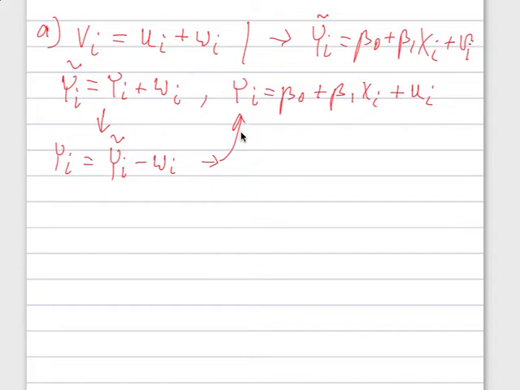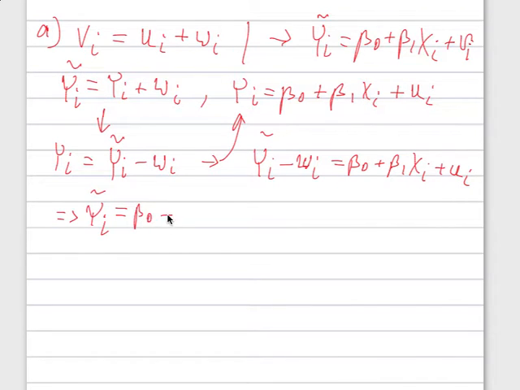Now using this, solve for yi and plug that into this, and from there it follows that yi tilde is actually ui plus wi.